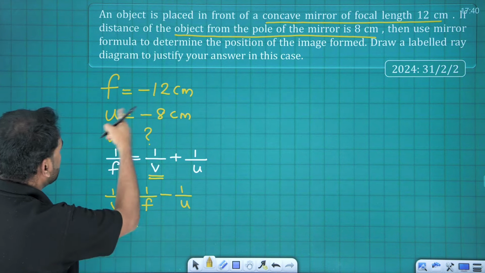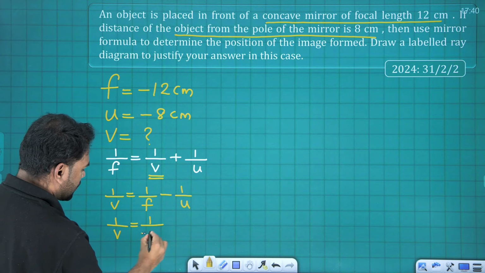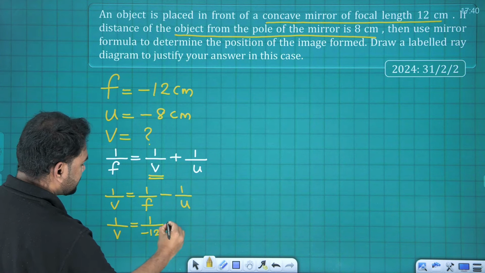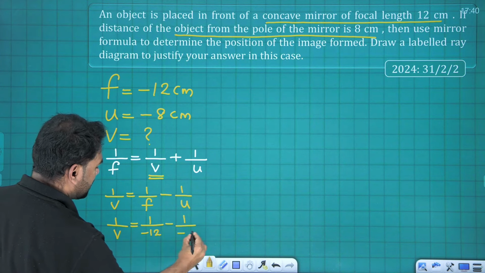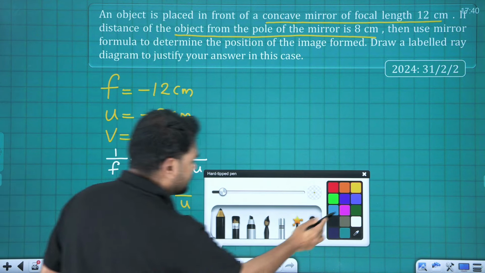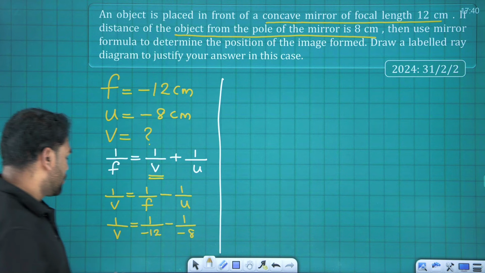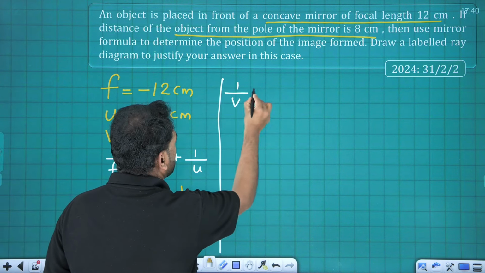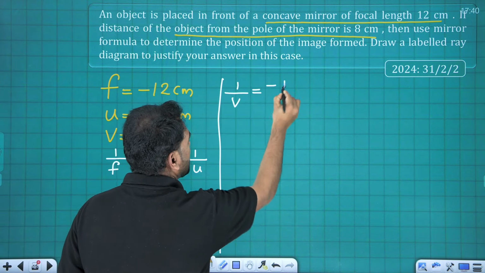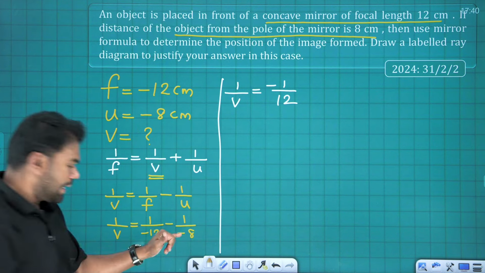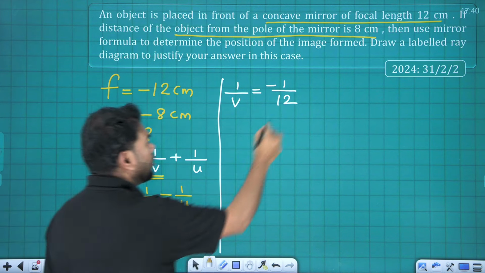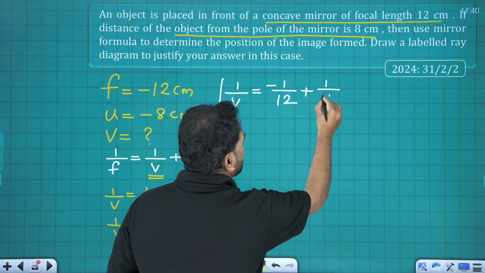So 1 by v equal to, f is minus 12, so 1 by minus 12 minus 1 by minus 8. So in next step, take this sign to numerator. So 1 by v equal to minus 1 by 12, this minus becomes plus, so plus 1 by 8.